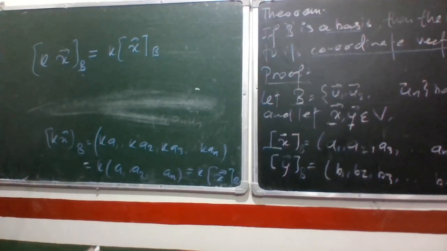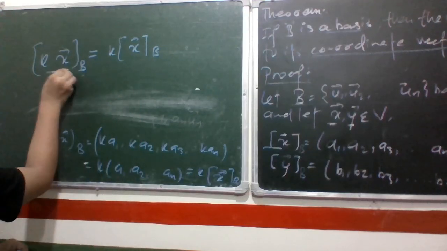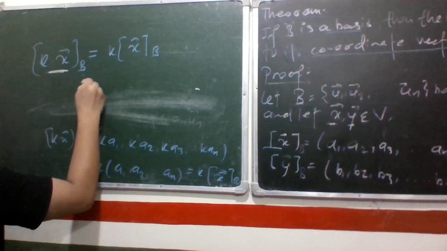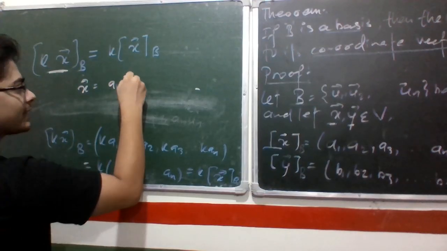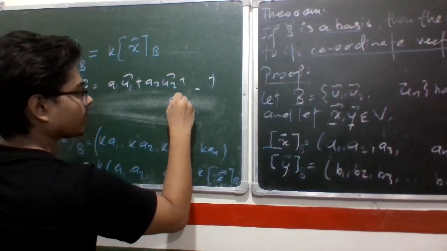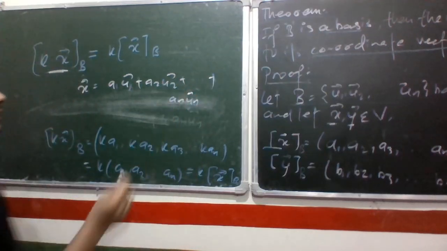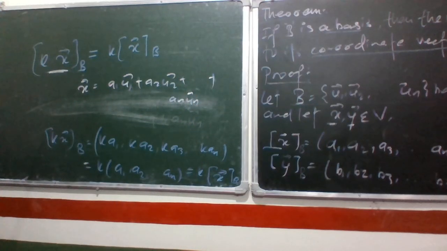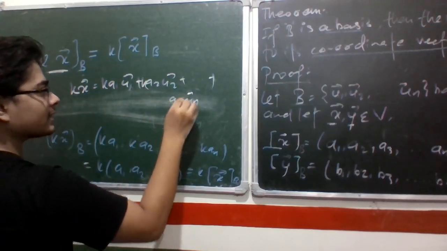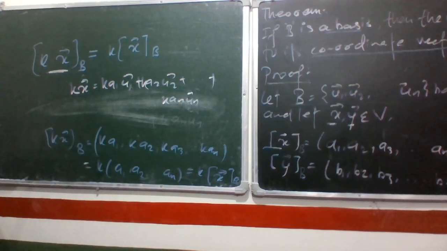Now let's see what this means. It means that if we suppose x is a linear combination of these basis vectors, then k times x means just k multiplies every term of this linear combination.